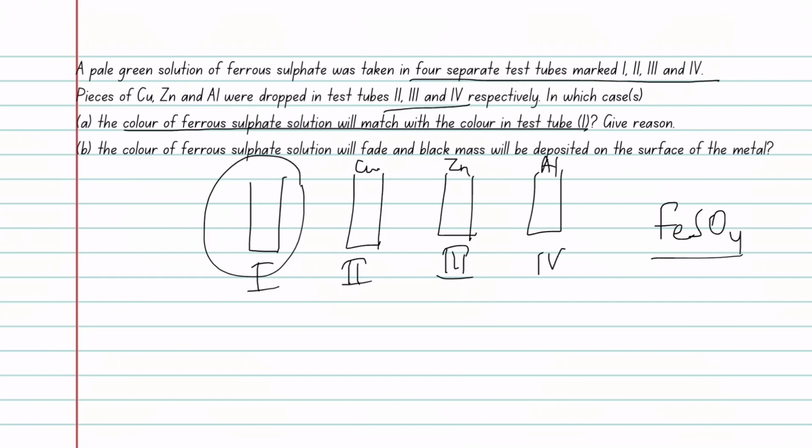Test tube 1, where we did not add anything, would remain green, of course. Out of second, third and fourth, in which case would the solution still remain green? Okay, so let's determine the reactivity position of the metals involved.